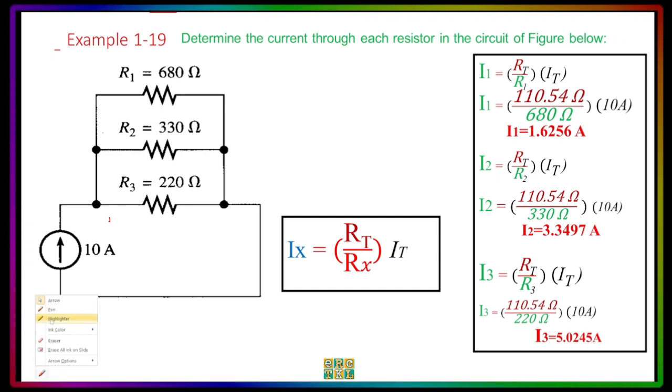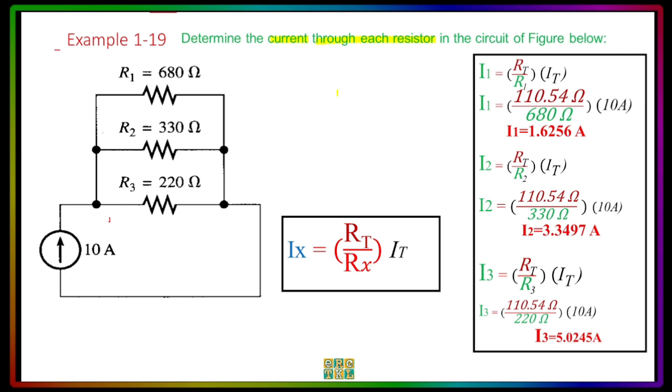We have resistor R1 680 ohms, resistor R2 330 ohms, and R3 220 ohms. And then we also have the current going to this node equal to 10 amperes. So this will represent the IT. But we don't know I1, I2, and I3, but we know the R.